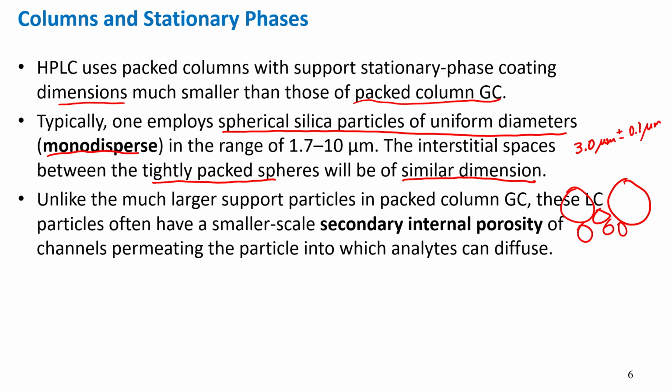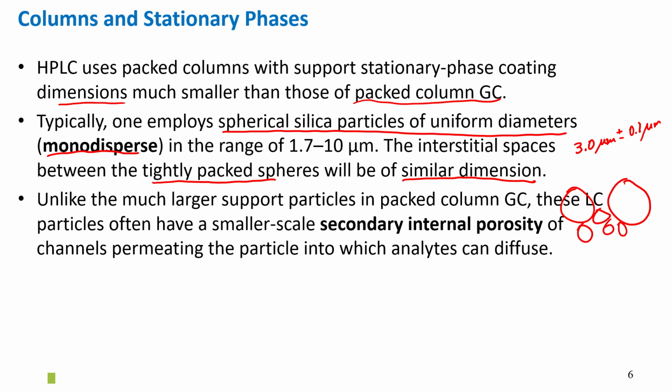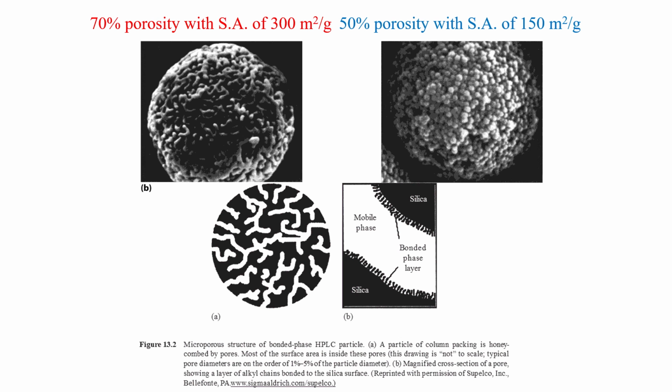Okay, so the other thing that is different is that in LC columns, typically we design particles that have internal porosity. What that means is that there are pores built into the stationary phase that allow the analyte to diffuse into them. And this is kind of the big thing in the development of the technology, and that's shown on this slide.